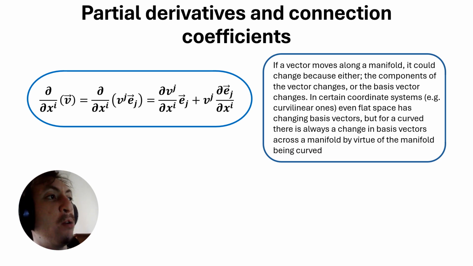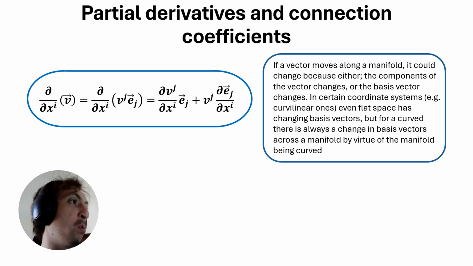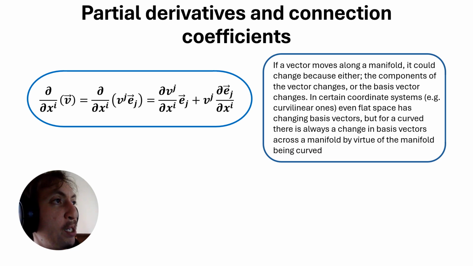V with an arrow over it is our vector, and our vector has components Vj, and Vj is the component of our vector in the direction ej. So, in the direction that our basis vector along the jth spatial axis is pointing. Now, I've gone over that quickly because we've looked at vectors and how that relates to components and basis vectors in our last video.